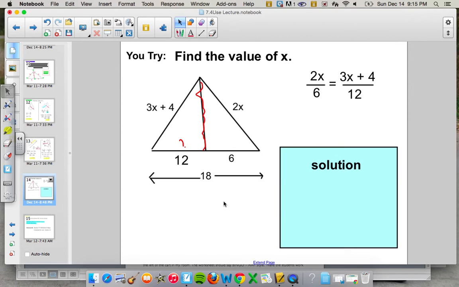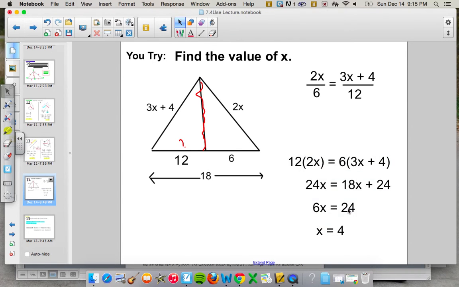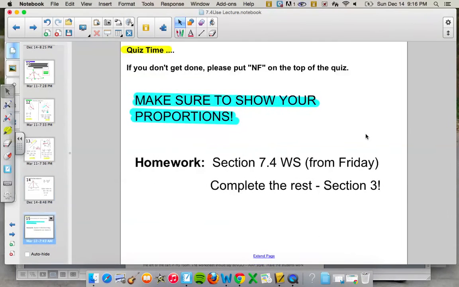Again, one way to set up this proportion is 2x over 6 is equal to 3x plus 4 over 12. You can cross multiply, and when you cross multiply, you should get x is equal to 4. Please pause the video if people need more time.